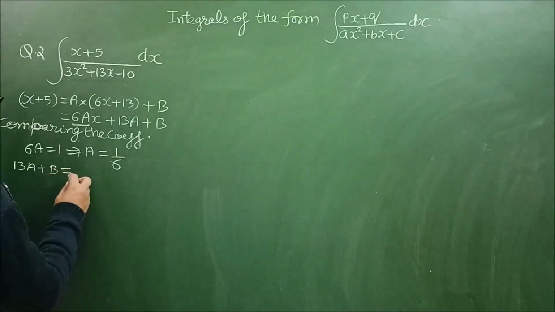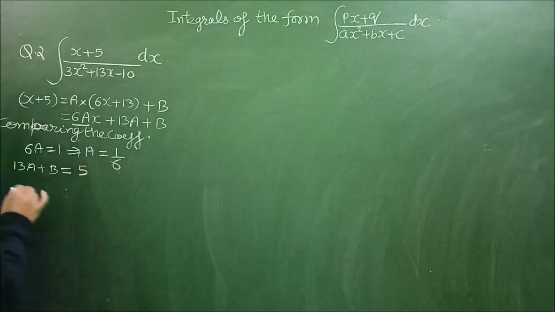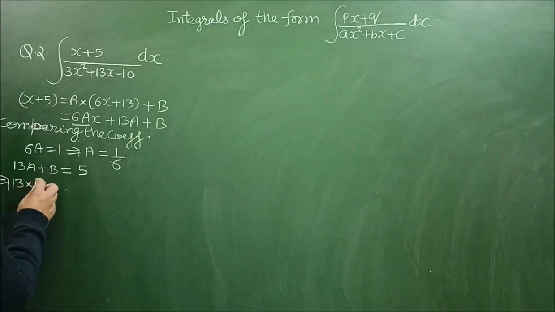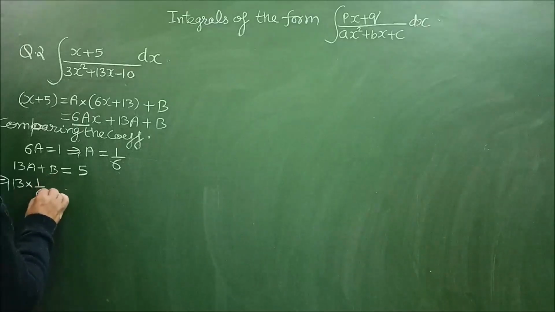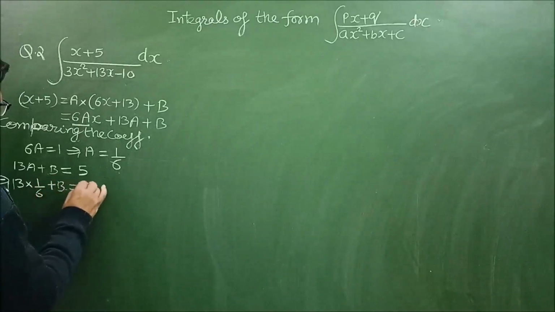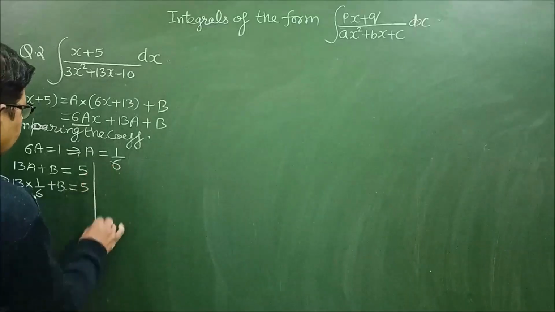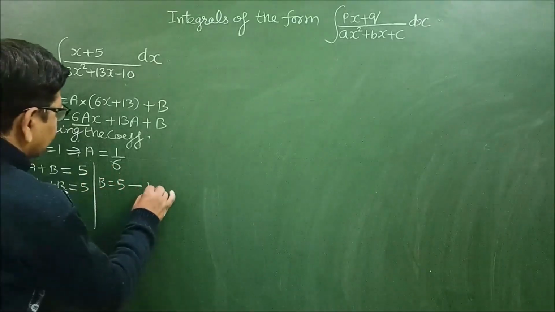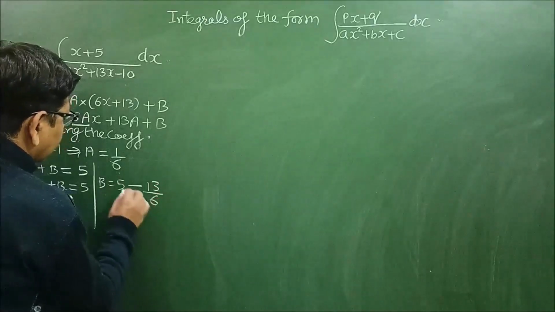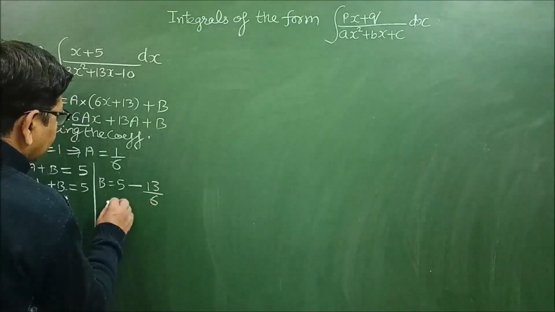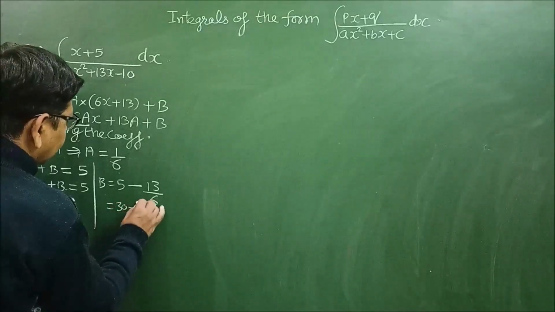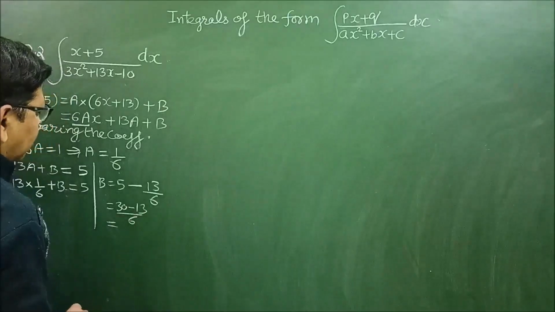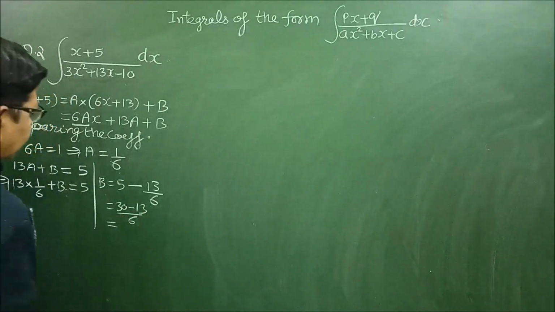So 13a + b is equal to 5. Putting the value of a, 13 into 1/6 plus b is equal to 5, that is the value of b is equal to 5 minus 13/6, so 30 minus 13 upon 6, which is equal to 17/6.